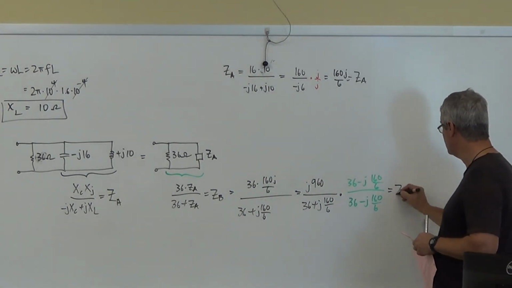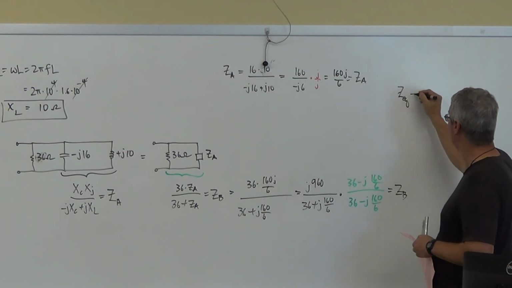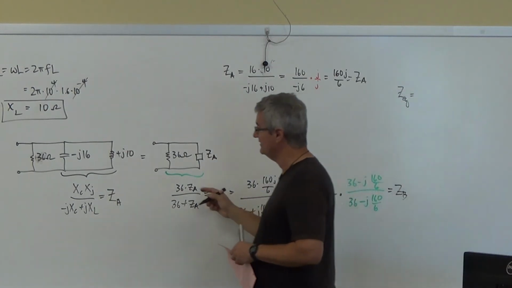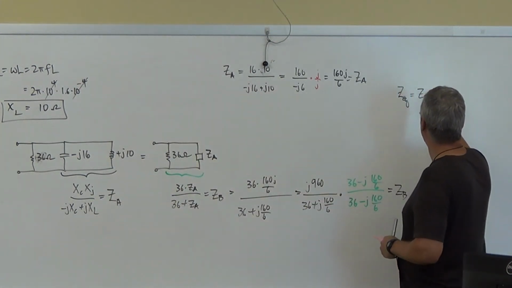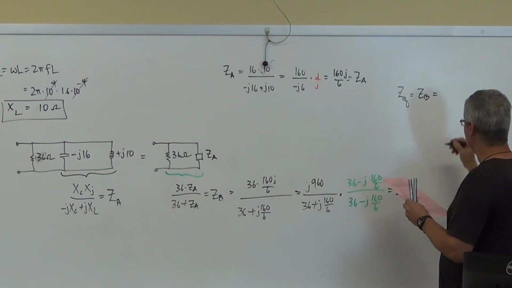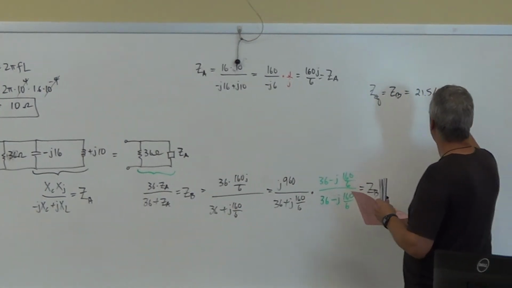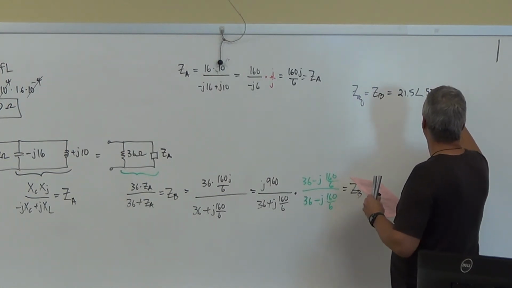So this would have given me ZB. Then Z equivalent must be this ZB, and if you calculate this guy, you end up with 21.5 with a phase angle of 53.4 degrees.